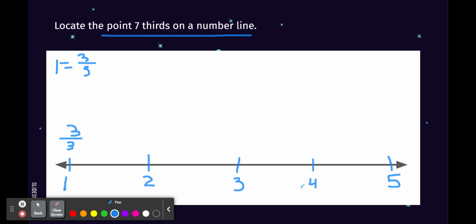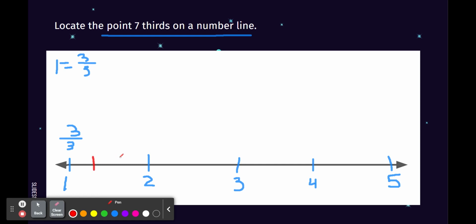Now I have my whole numbers placed, but I want to find out where 7/3 is. Thirds talk about parts in relation to a whole. In between 1 and 2, that part is 1 whole, so I now need to partition. I'm going to partition the space between 1 and 2 into 3 equal parts.